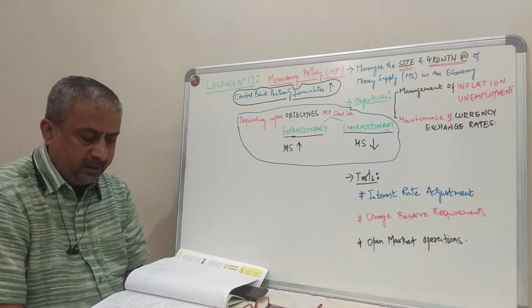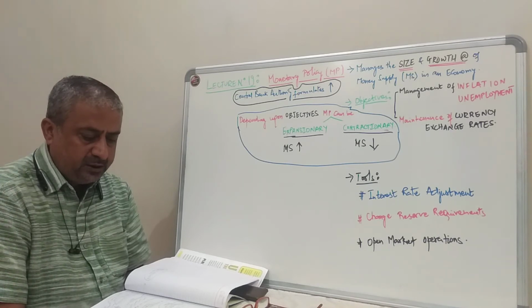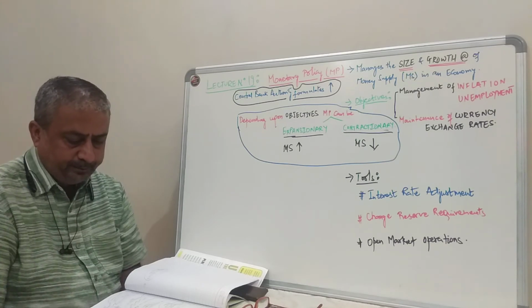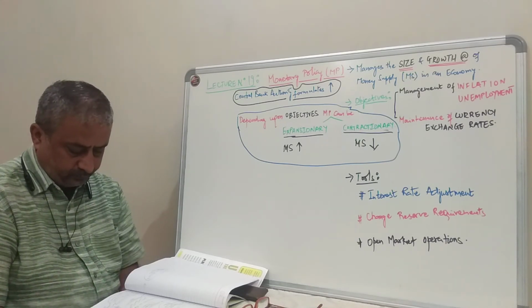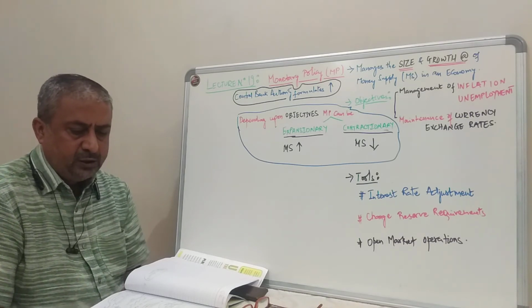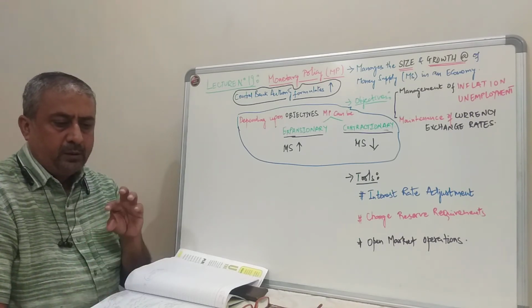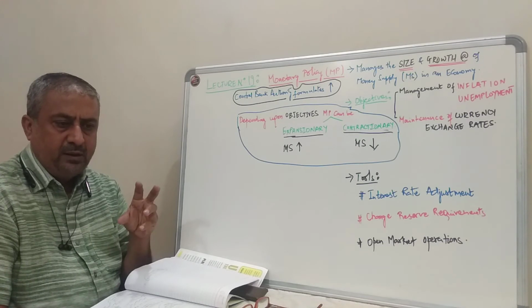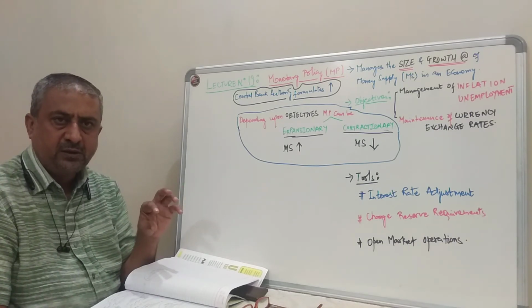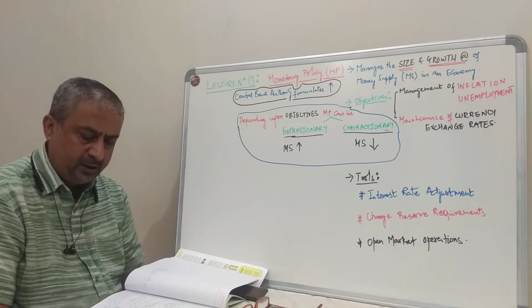Now, it's implemented through different tools that we are going to study very specifically later on, but broadly, monetary policy is a tweaking, an adjustment of interest rates. That is one aspect of monetary policy.